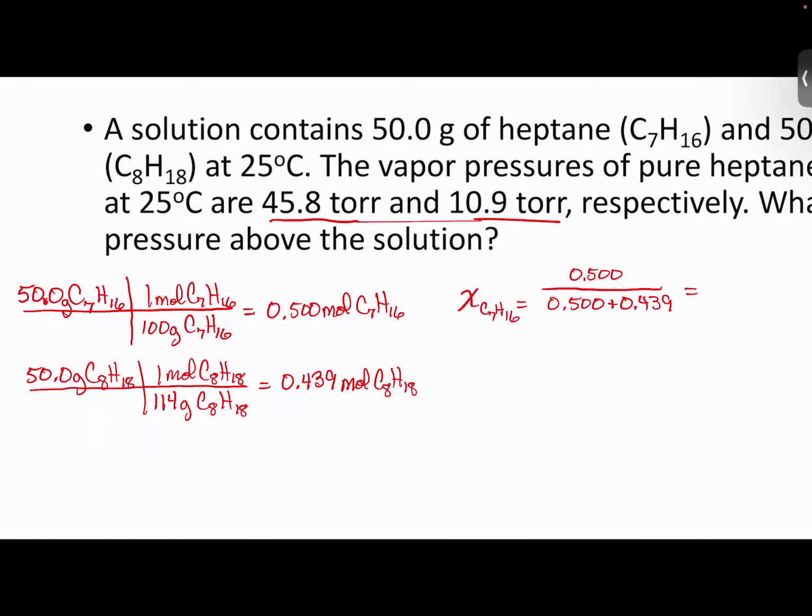So it's 0.532. I'm also going to get the mole fraction of octane, which is going to be the moles of octane divided by the moles of solution, which is going to be 0.468.